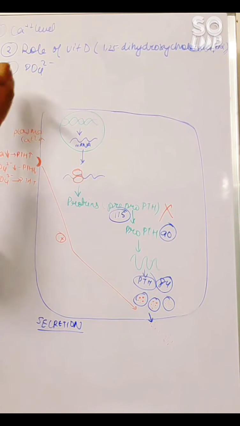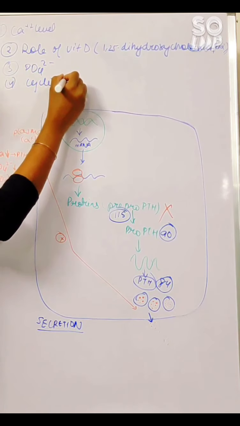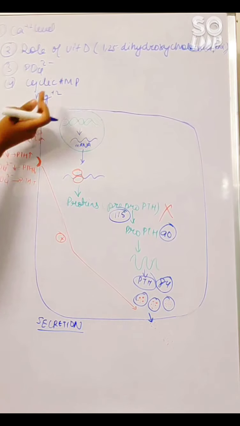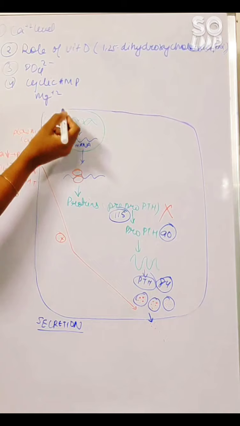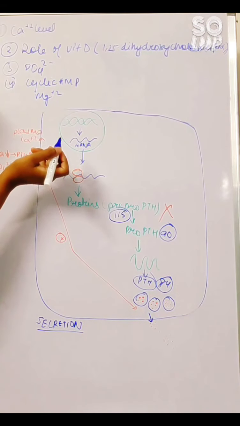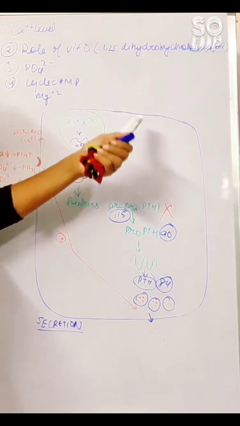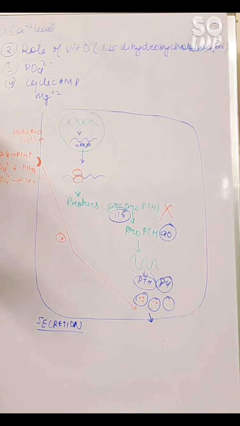The other factors we have are, for example, cyclic AMP and magnesium. If the level of magnesium is low, PTH secretion will be more. If the magnesium level is high, the PTH secretion will be low.